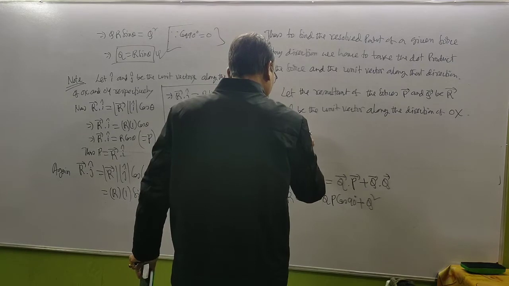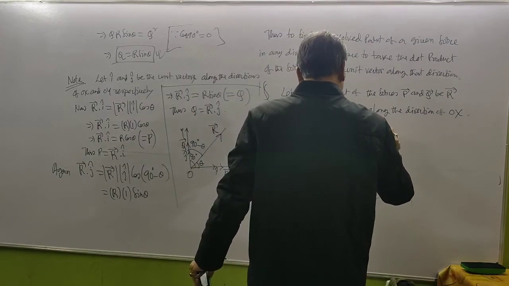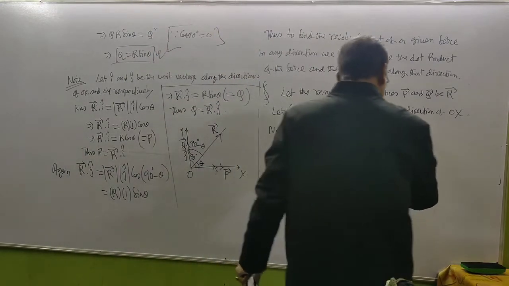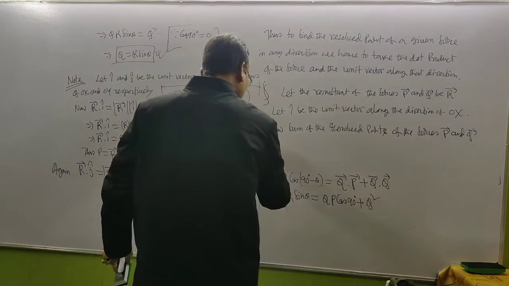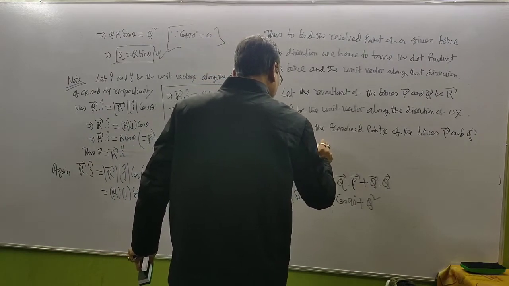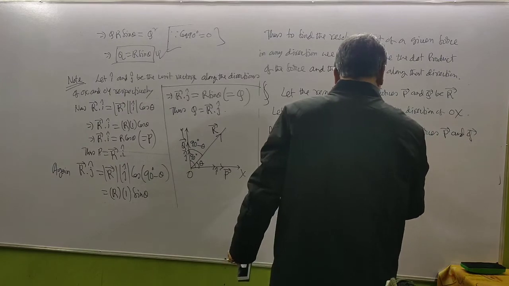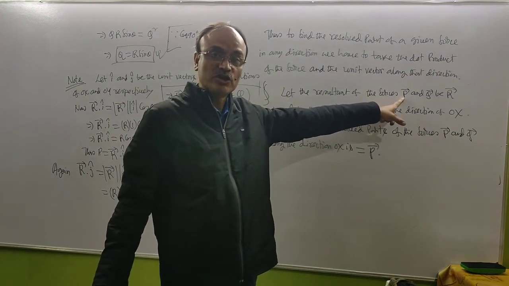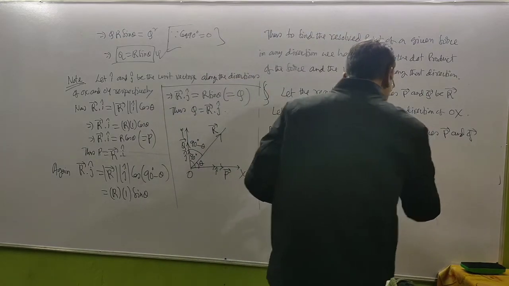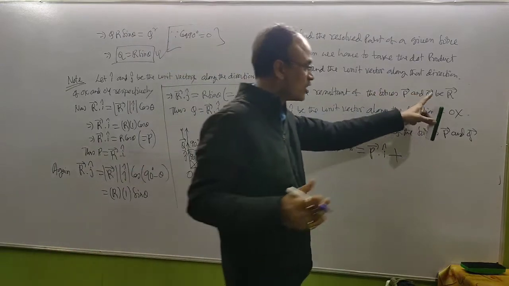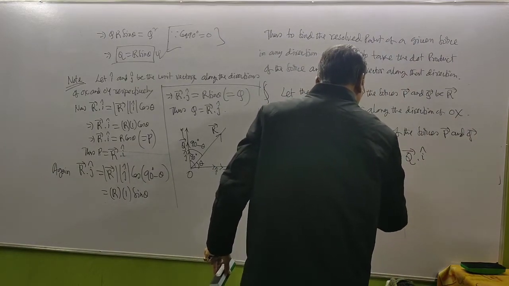Now, sum of the resolved parts of the forces P and Q along the direction OX is equal to the resolved part of the force P along the direction OX, the dot product of the force P and the unit vector along the direction, plus again the dot product of the force Q and the unit vector along the direction. This is equal to P plus Q dot i cap.